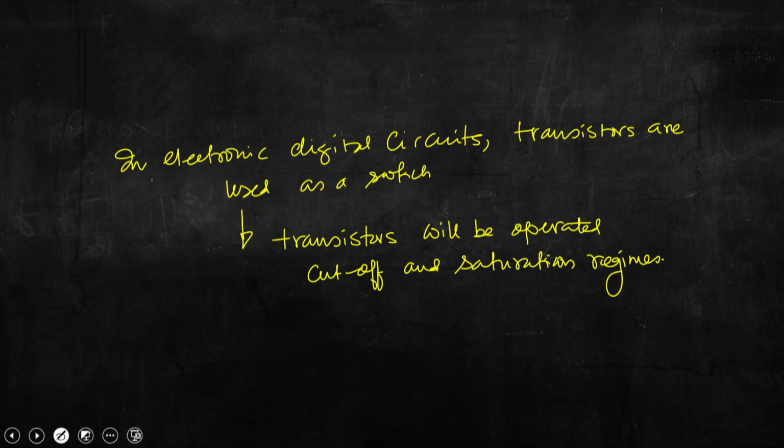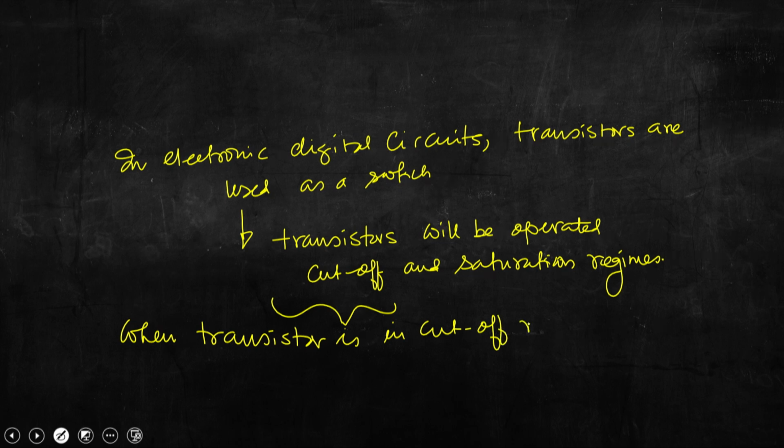So, cut off. When the transistor is in the cut off regime, certainly you can understand the resistance is very high.